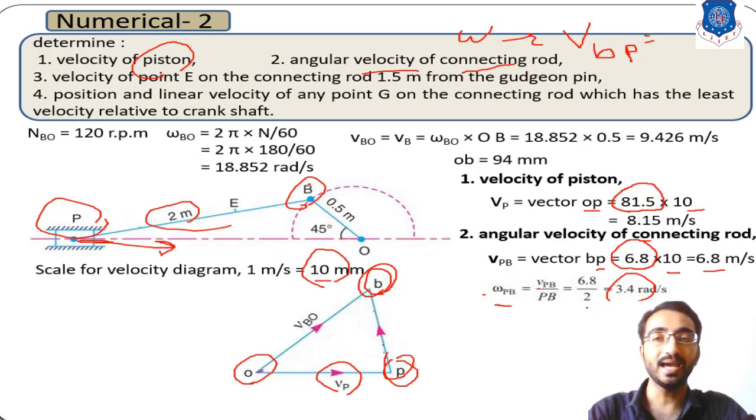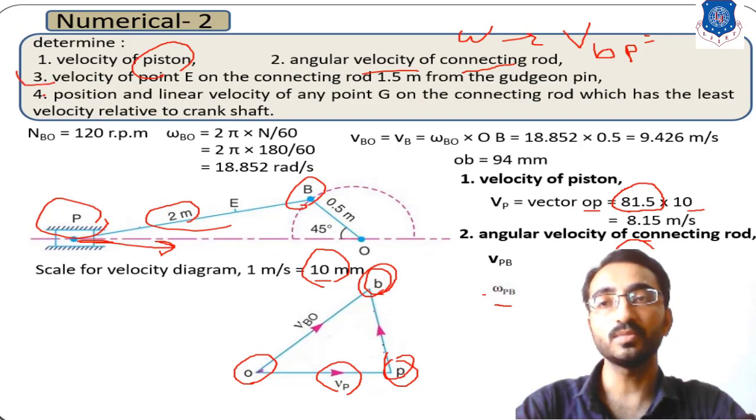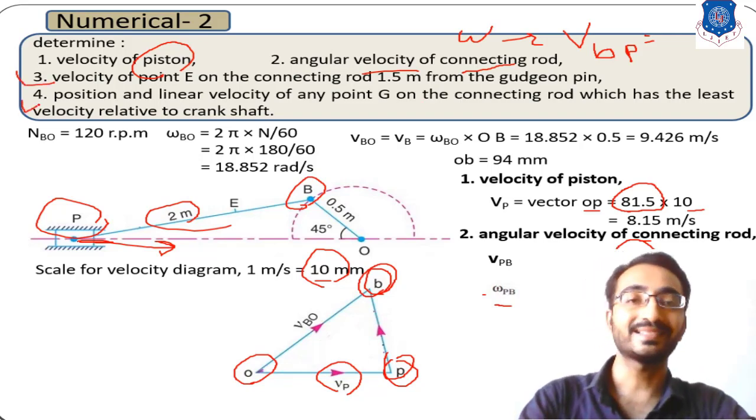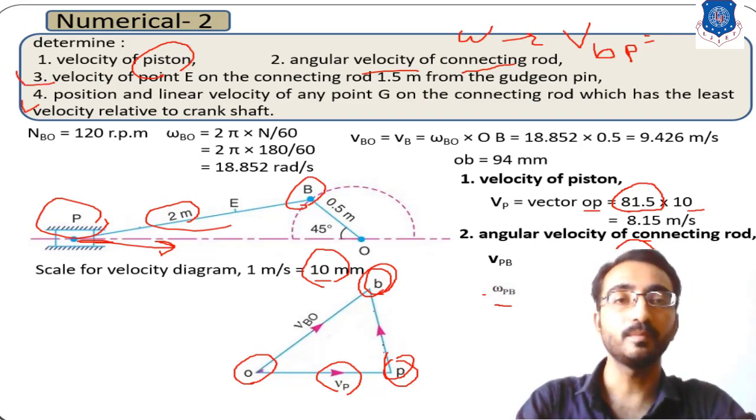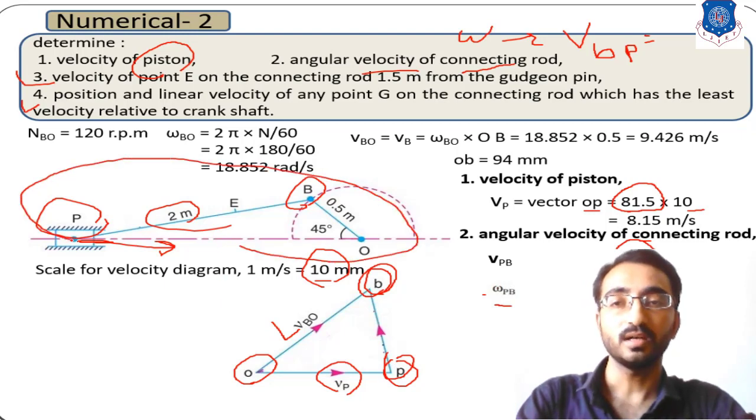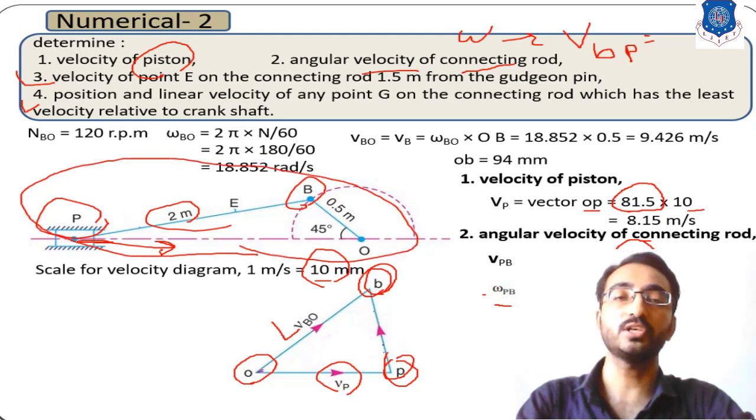So with this help you can calculate the angular velocity of connecting rod. Okay, now remaining two terms we will solve in our next lecture. And before going to the next lecture, we have to take the velocity diagram of this point and this configuration. We have to remember this configuration diagram. Okay, thank you.